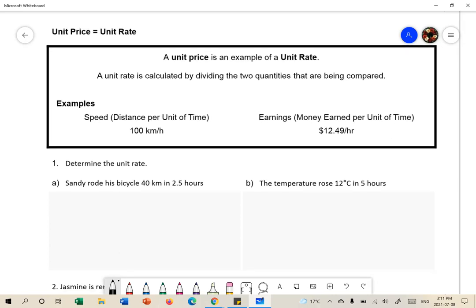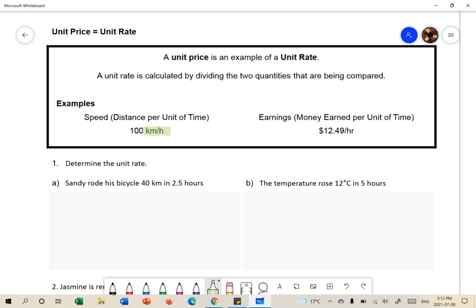A unit rate is dividing two quantities that have different units. In the previous page, we were dividing dollars per a quantity. So those are two different units. Speed is usually kilometers or miles per either hour or second or minute.